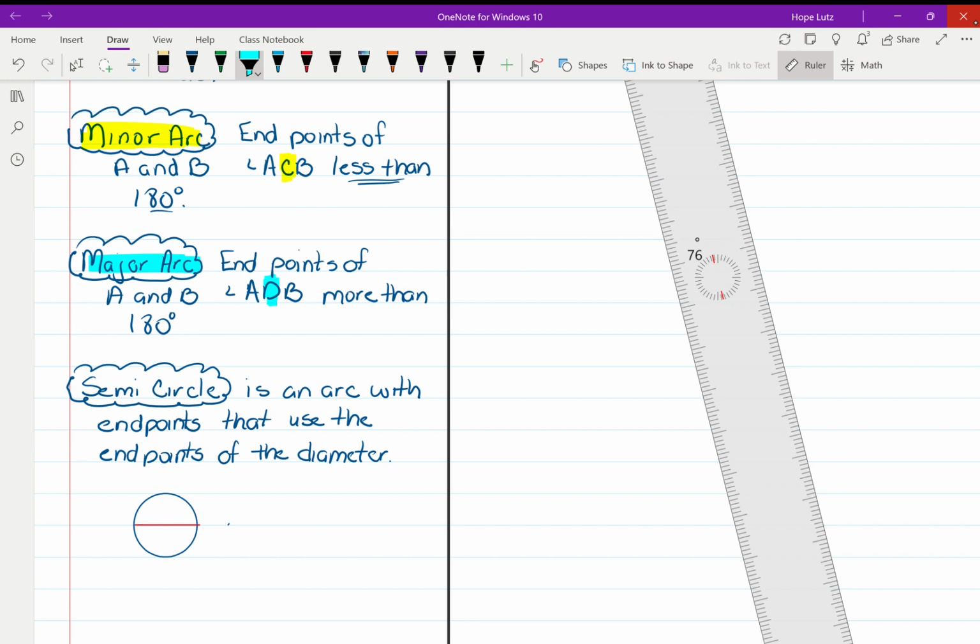So let's pick pink. So it's going to go from this point all the way around to this point. Okay, so diameter is half the circle, and we have learned that half the circle is 180 degrees. So it equals half the circle. Because we know that 360 degrees is a full circle. So if you have two halves, 180, 180 equals 360.